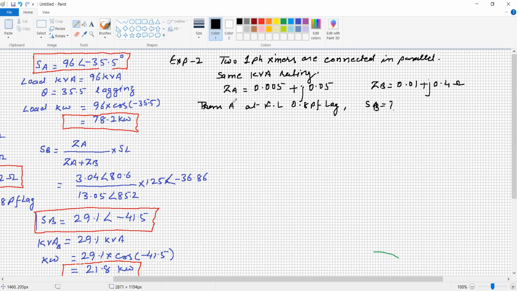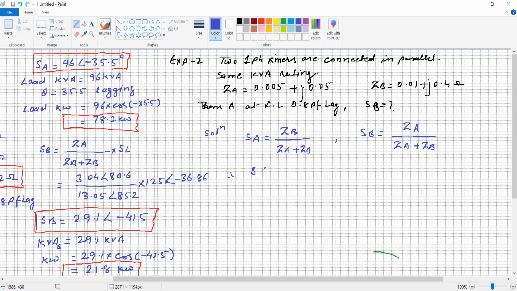What is our equation? The load shared by transformer A is SA equals ZB upon ZA plus ZB, and the load shared by transformer B is SB equals ZA upon ZA plus ZB. This is our general equation.